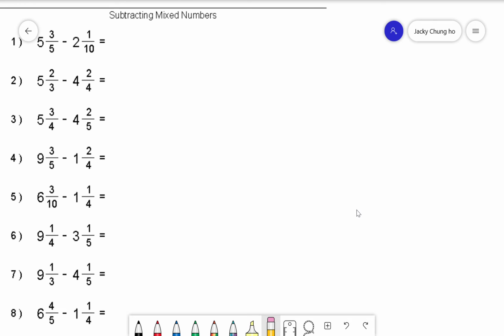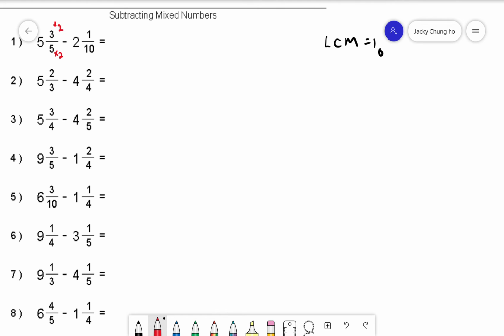So, number 1, I have 5 and 3 over 5 minus 2 and 1 over 10. So again, you have to find the LCM. Between 5 and 10, the LCM has to be 10. So multiply the first fraction by 2.